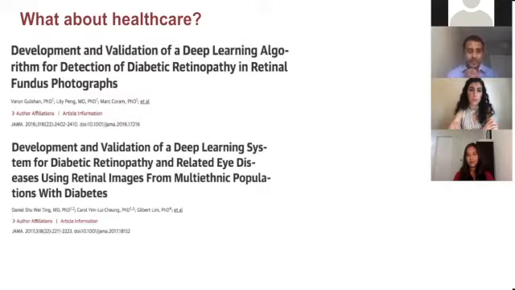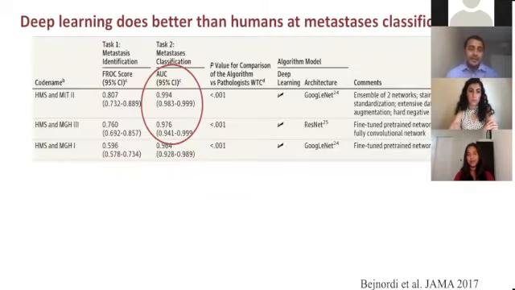These are two papers that came out in JAMA, a very famous top-tier medical journal. They basically dealt with diagnosing diabetic retinopathy from retinal images. Given a bunch of images, these models were able to say this image corresponds to this disease versus this image does not correspond to that disease.